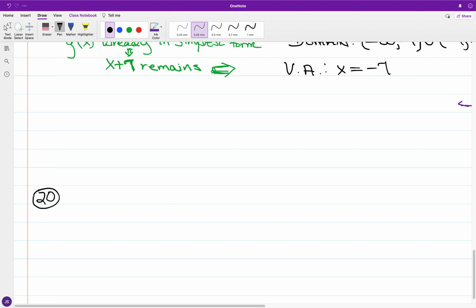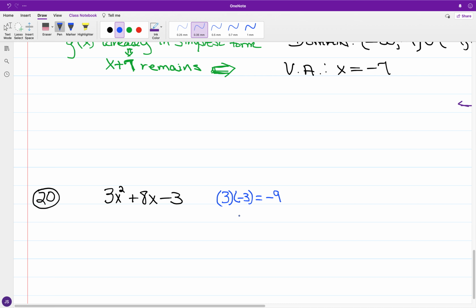And instead of tackling the domain right away, if you notice the denominator, 3x squared plus 8x minus 3, we look at factoring by grouping. You have 3 and negative 3, which is equal to negative 9.